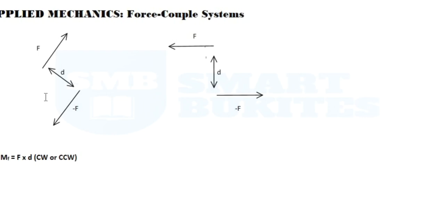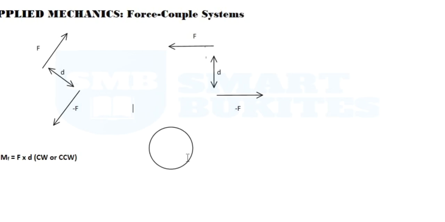Now the moment of a force couple system is basically given by force times distance, and it can be either counterclockwise or clockwise. The way I normally determine whether a force will be acting in a clockwise or counterclockwise direction is by assuming that the point of action of the force is like a circle, and I ask myself, if a force is acting in this direction and another is pushing in this direction, in which way will the circle turn?